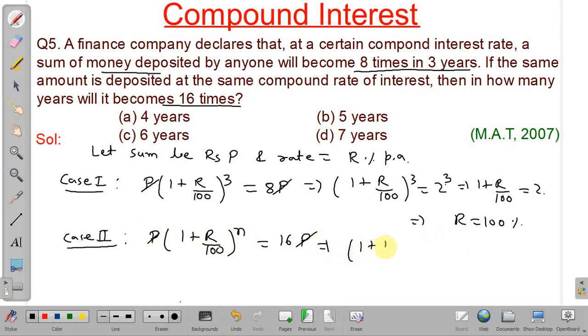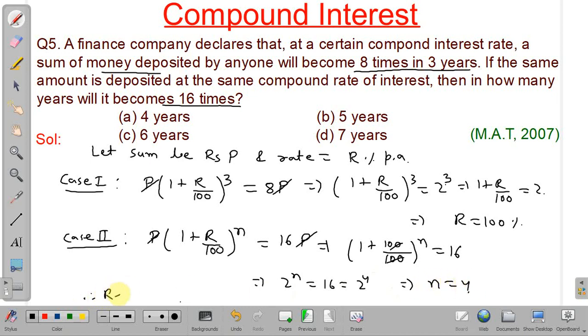So it will be 1 plus 100 by 100 to the power n equal to 16. So this will be 2 to the power n equal to 16, and it can be written as 2 to the power 4. As the base is the same, we can equate the powers and we will get n equal to 4.